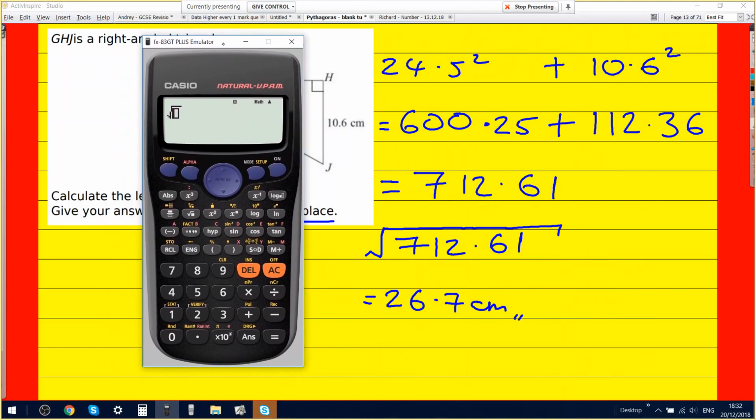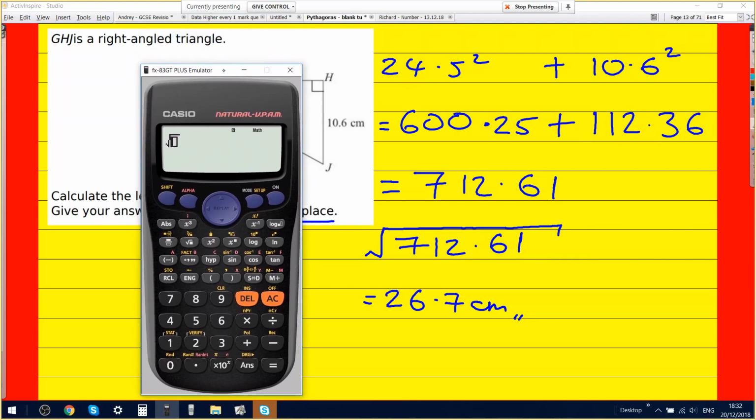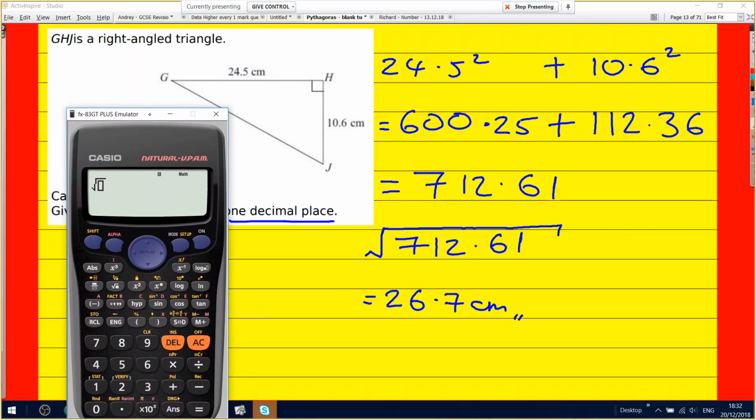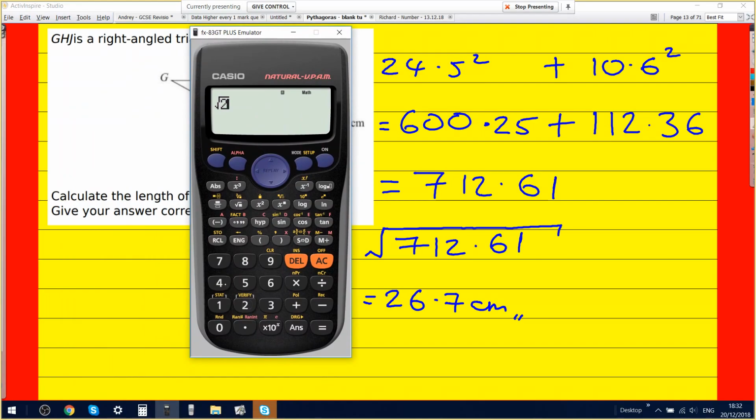So I'll do it with this question first. We always square root the answer, so I'll just start with square root. And you see how the question was 24.5 squared plus 10.6 squared. So I'll just put that into the calculator. 24.5 squared plus 10.6 squared, and it's already in a square root, and so there's our answer right away.